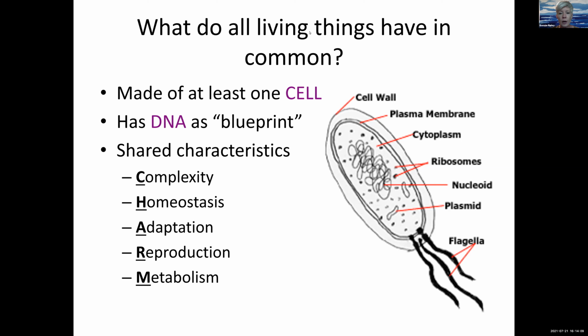But both prokaryotic and eukaryotic cells have three basic components. They might have other things too, but we are going to find that all cells are going to have a plasma membrane. They are going to have ribosomes, and they are going to have DNA.